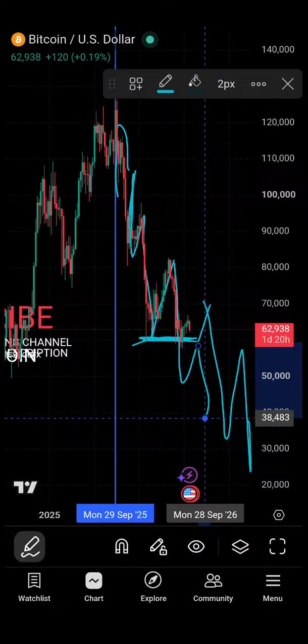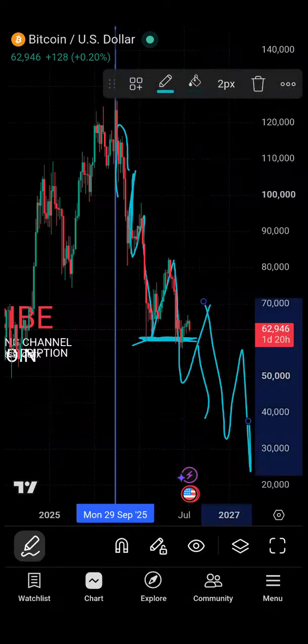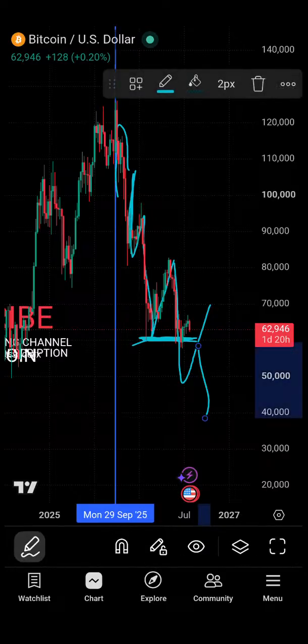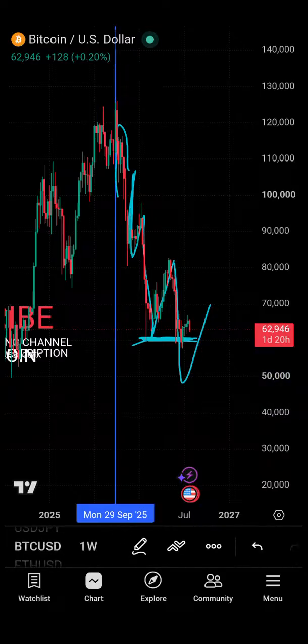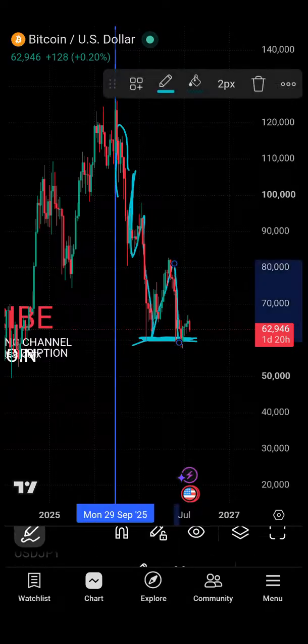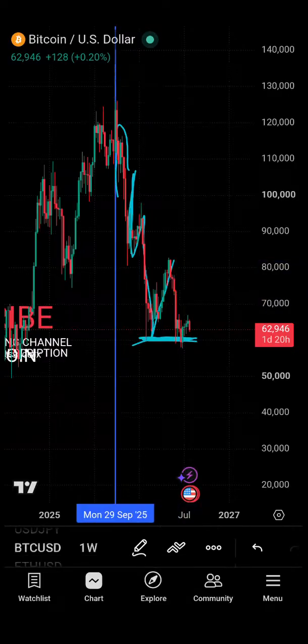This is on the weekly. We are just doing a top-down analysis on Bitcoin. So now that we have established that on the weekly time frame, Bitcoin is bearish.